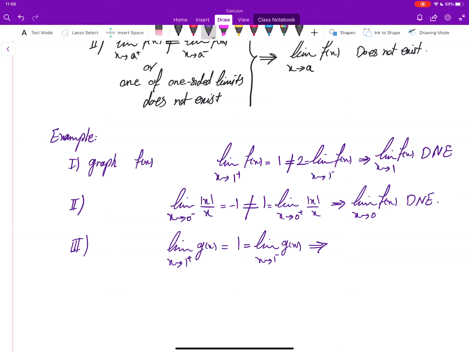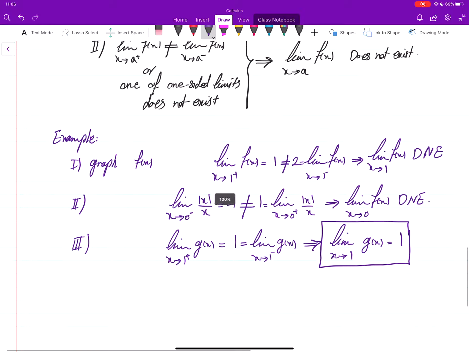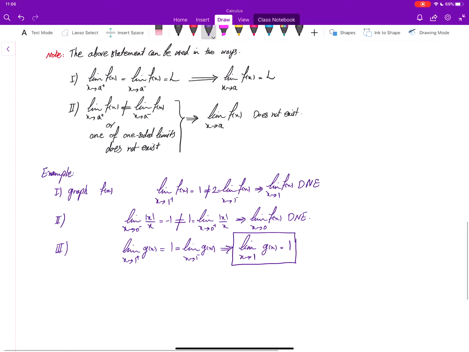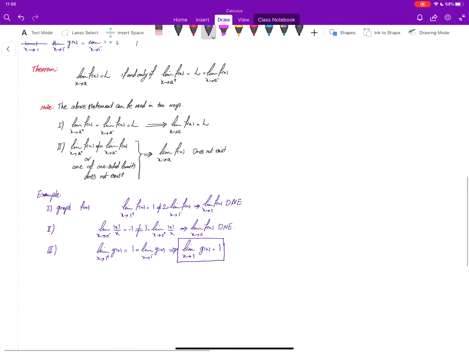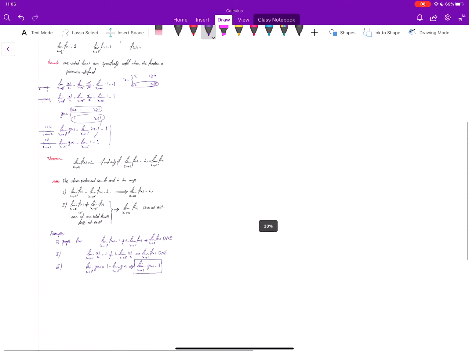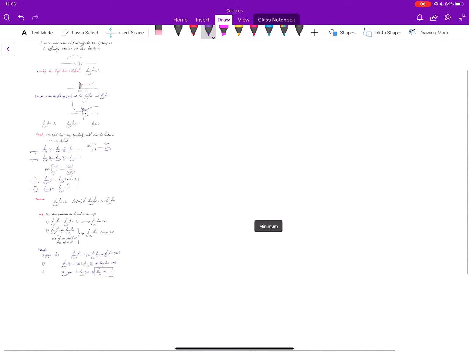Then as a result, we can conclude that the actual limit of the function, the g of x, not f of x, exists as x goes to 1, and it is actually equal to 1. So this is how we will use one-sided limits to determine the value of the limit of a function, specifically if that function is a piecewise defined function.